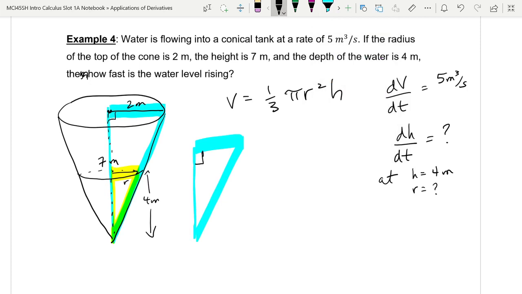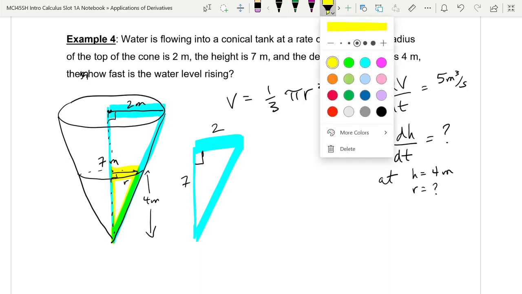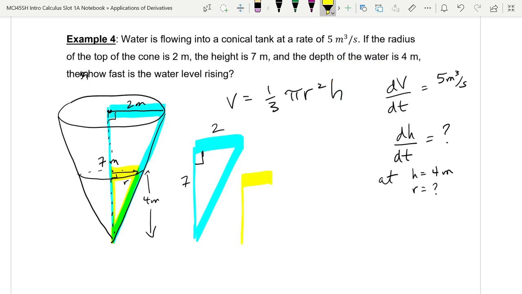Radius would obviously make a right angle to the height. So the big triangle is 2 by 7 that way, and the little triangle, which is exactly the same shape, just smaller, is 4 by some radius that I don't know.